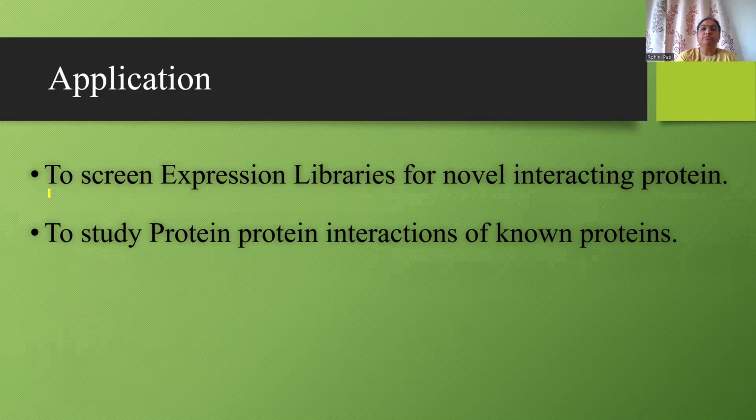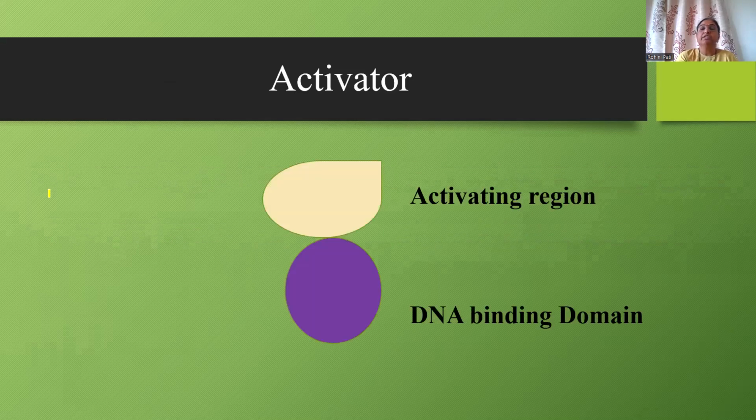So for the two hybrid system, there is a use of the activator. We know that the activator has two domains. One is the DNA binding domain, and another is the activating region. The DNA binding domain interacts with the activating region, and the complete activator is formed.